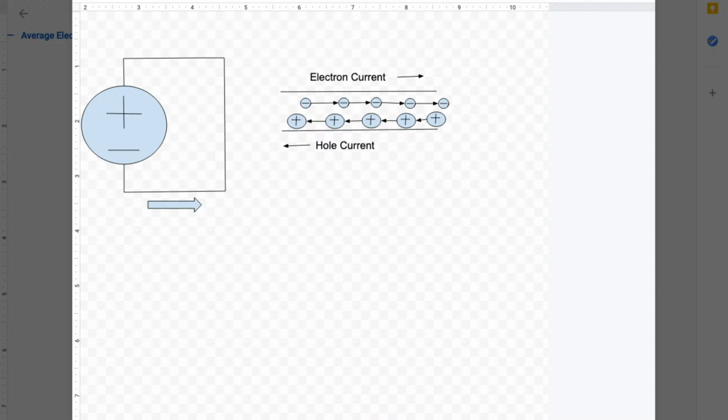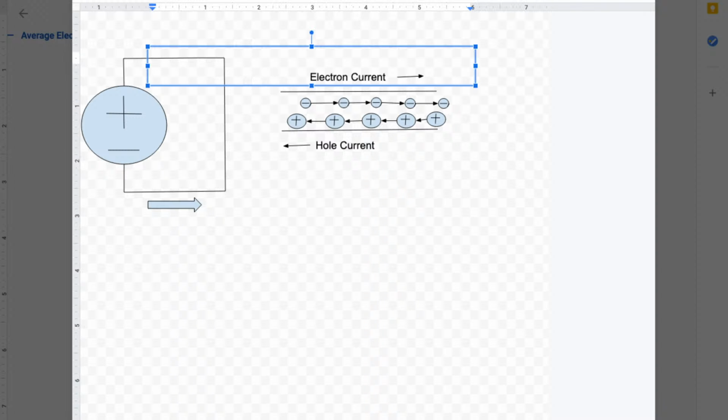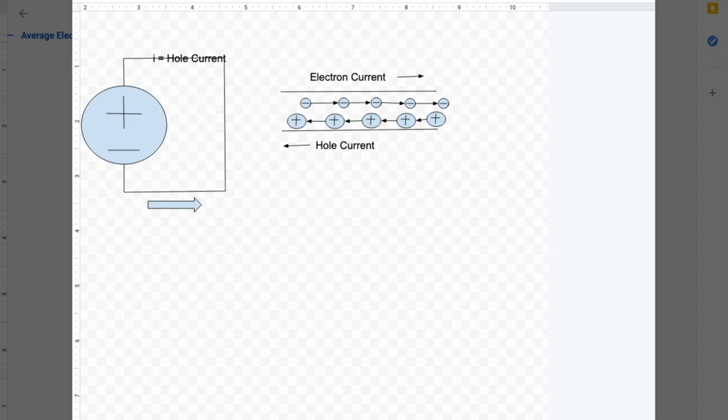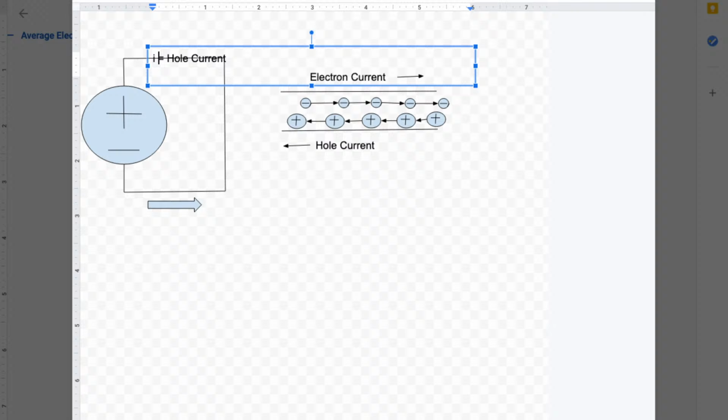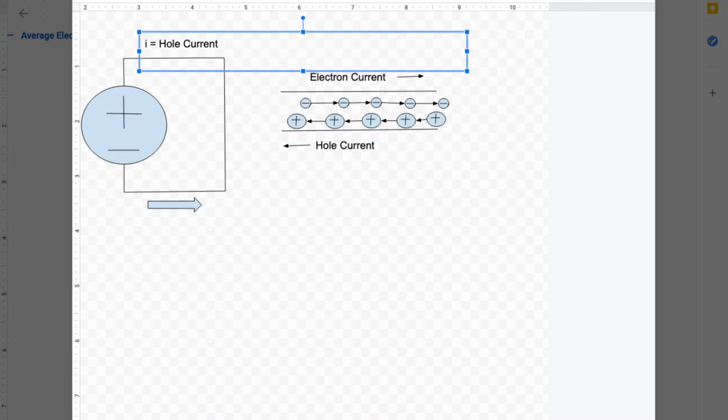Okay, and so in electrical engineering, I equals whole current. I want a lowercase i. Right?